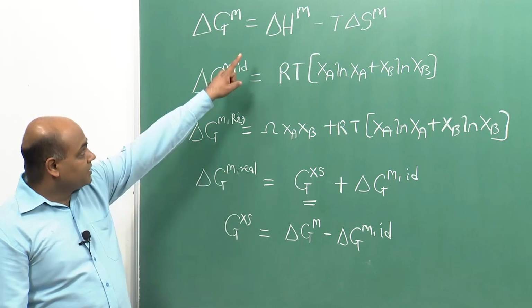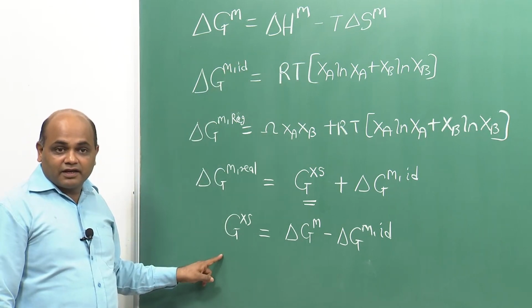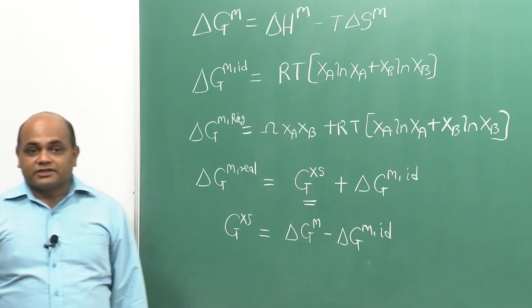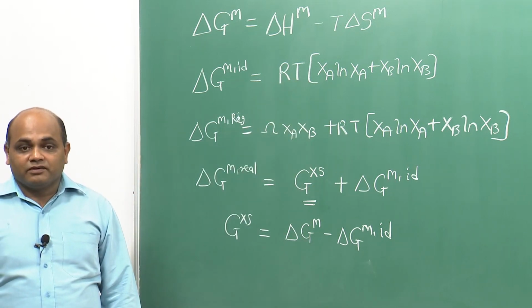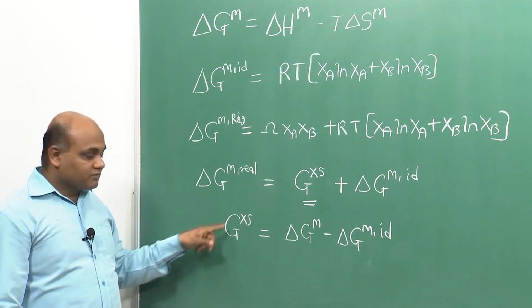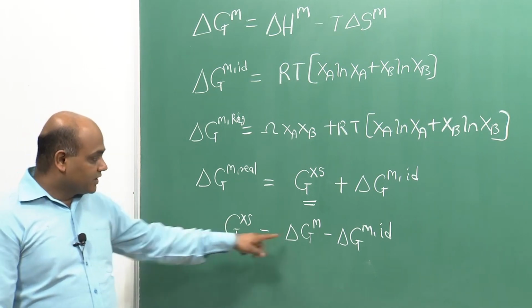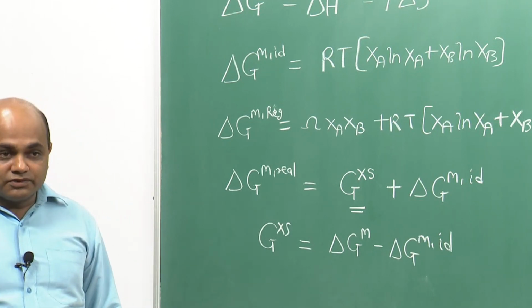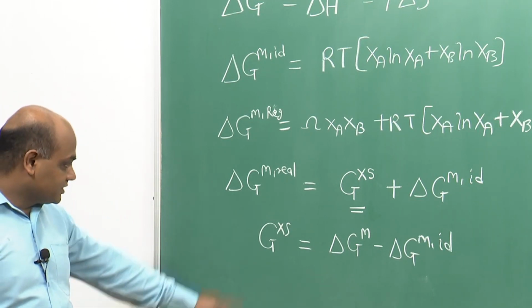One is from the enthalpy of mixing and the second one is from the non-ideal part of entropy of mixing, right. So, there are various models on which Gxs can be modeled, and then we can also determine the model for the real solutions. We will not go in details of that.